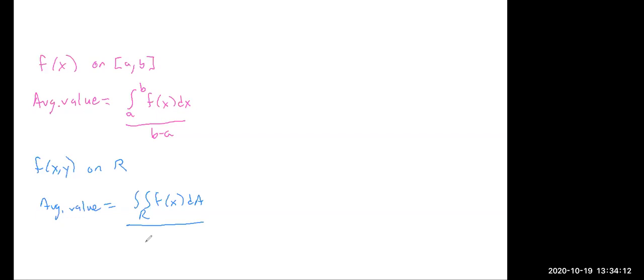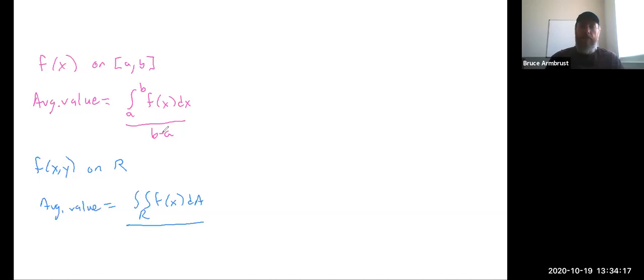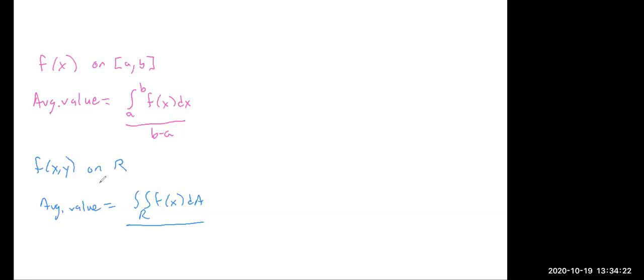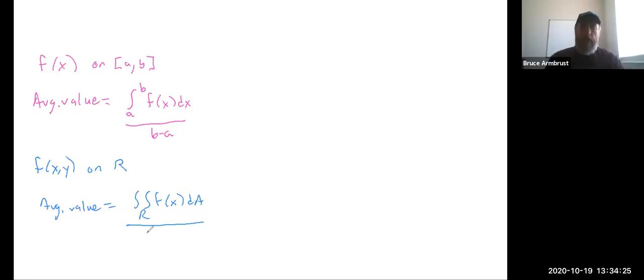Our last bound on our double integral. Okay, that'd be a good guess because that's the same as that b minus a. But that doesn't get to all of the values. And Victor just put in the chat box the area, and that actually is what we need to divide by. Because if you think about it, we're adding this up over an entire region. If we divide by the area of the region, we're getting that value basically at each of the little dots. So we went from a one-dimensional interval to a two-dimensional area.